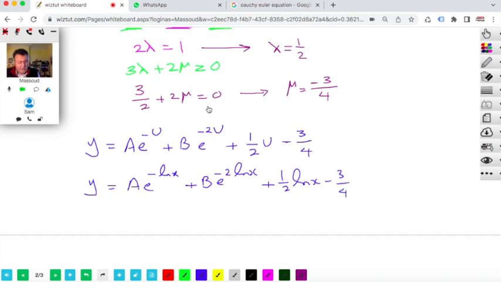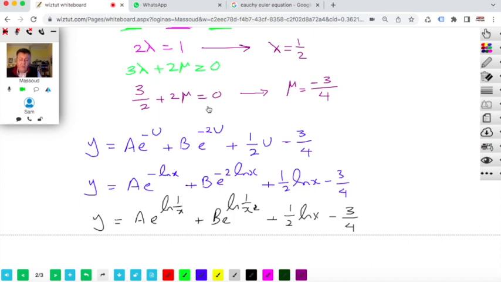And so, as you know, we can take these powers in, so that would be x to the power of minus 1, x to the power of minus 2. So in fact y would be equal to a e to the power of log natural of 1 over x plus b e to the power of log natural of 1 over x squared plus half of log natural of x minus 3/4. We can simplify this a little bit further, because the e to the power of log natural of x will just simplify to 1 over x.